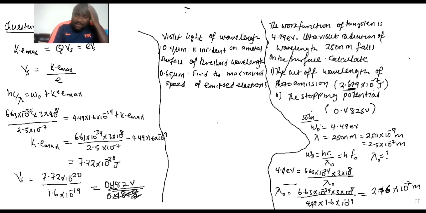Find the maximum speed of the emitted electrons. Remember, maximum speed is got from kinetic energy maximum. So you need to get the kinetic energy maximum and find the maximum speed. So can you give it a shot? Try it out.